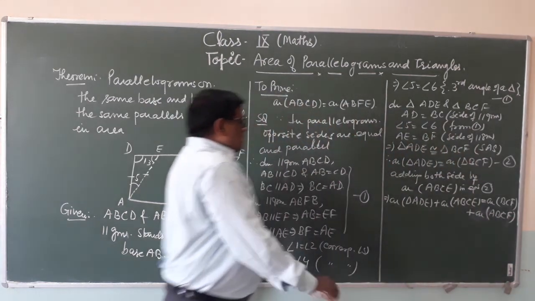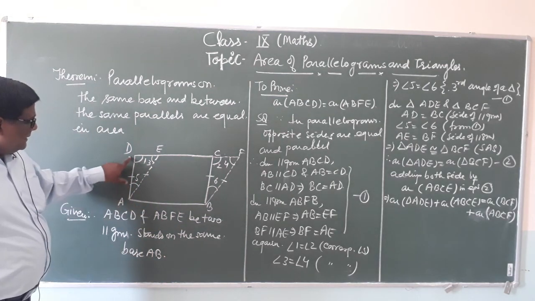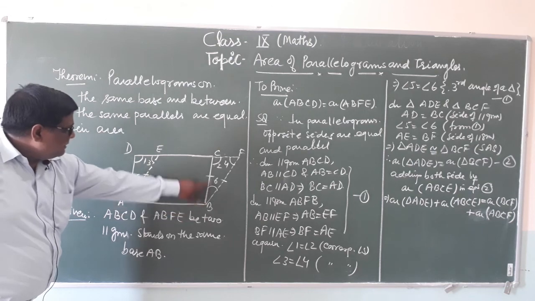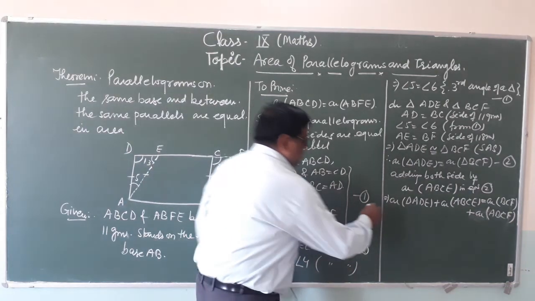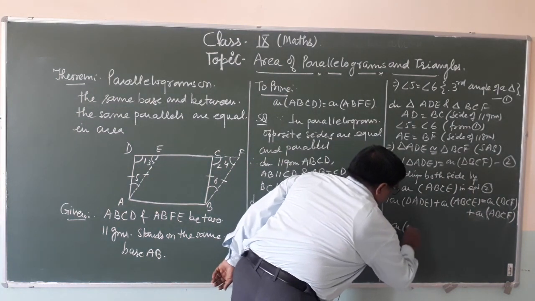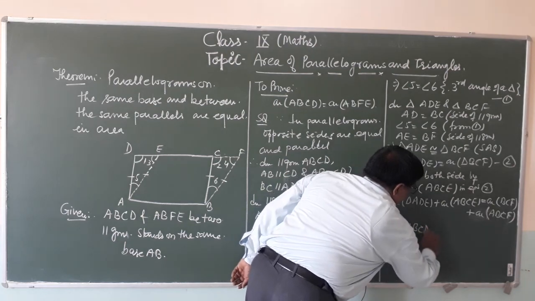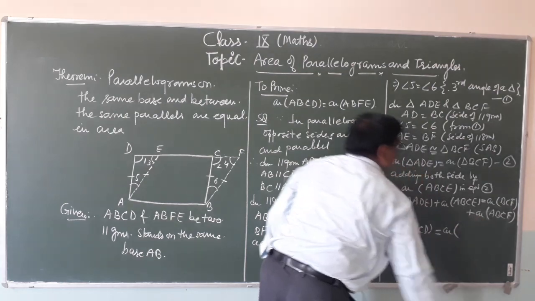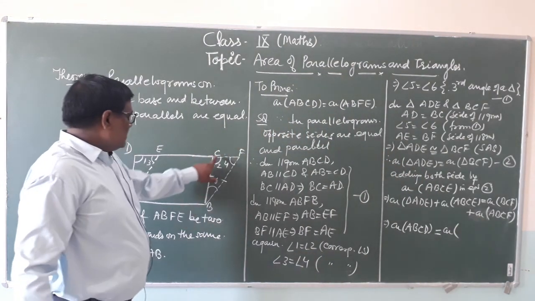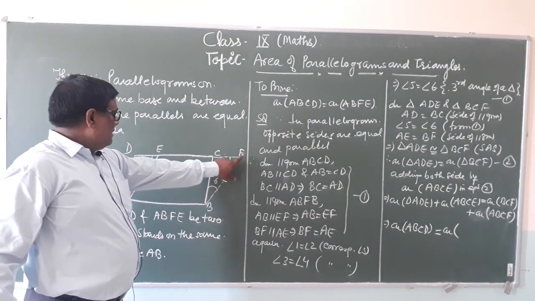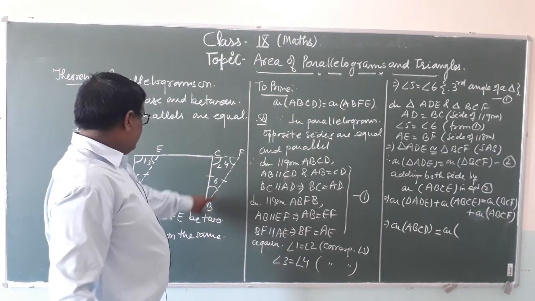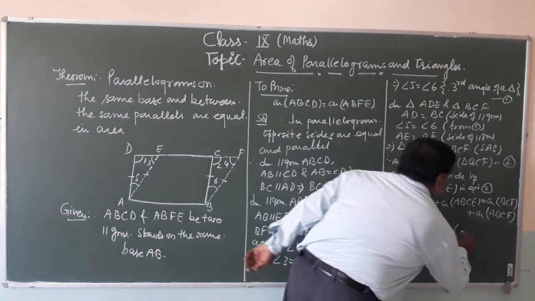Now look here, area of ADE plus area of ABCE is equal to area of ABCD, which is also equal to area of BCF plus ABCE, which is ABFE. Therefore area of ABFE.